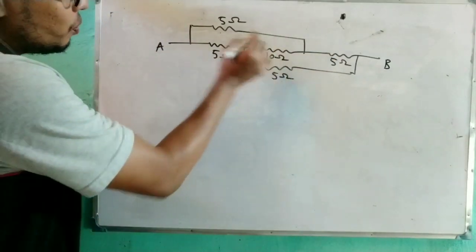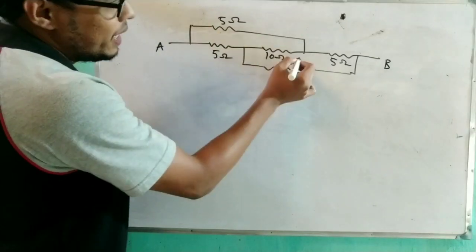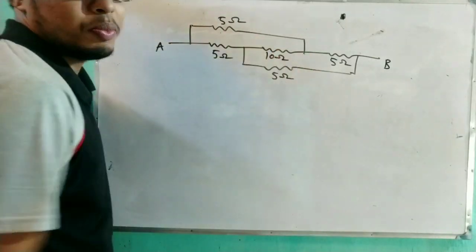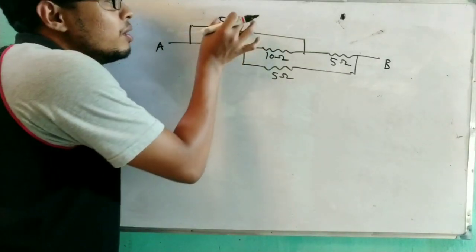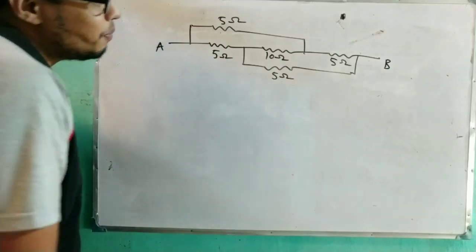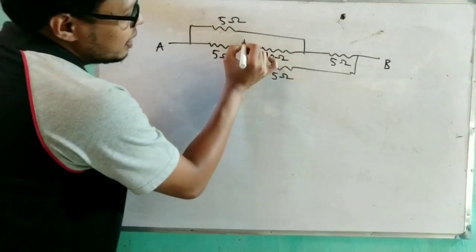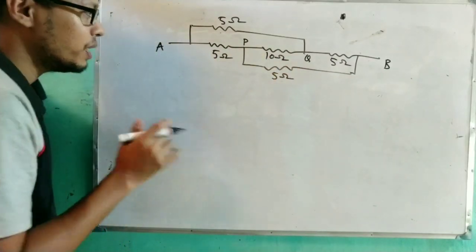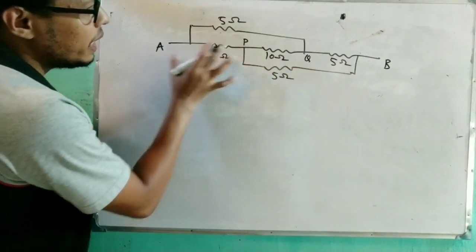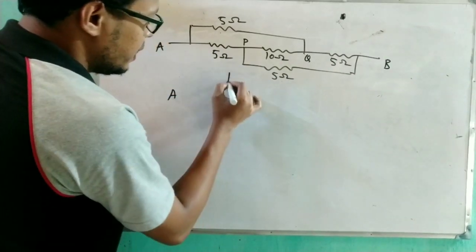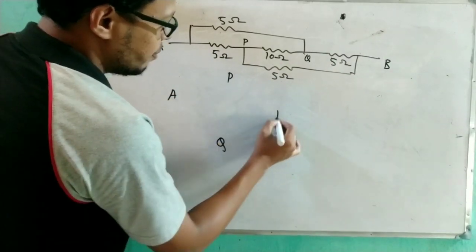Look, what I told, if there is only a wire, then as this point is A, this point will also be A. But here the 5 ohm resistor is there. Then how to calculate? See, I am taking these 2 points P and Q as 2 different points over here. So how many points did we get? A, P, Q and B.